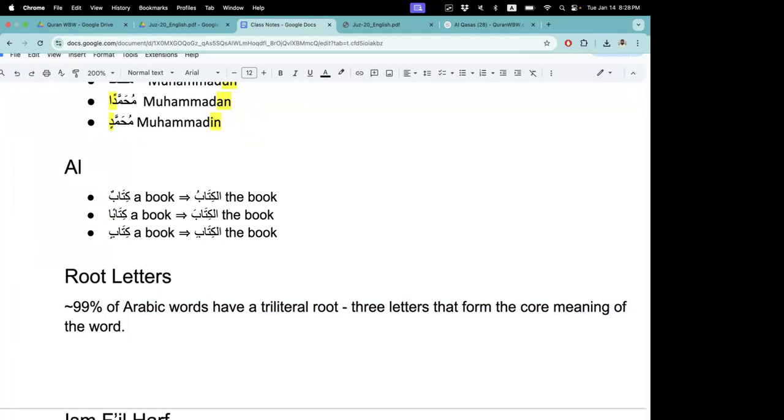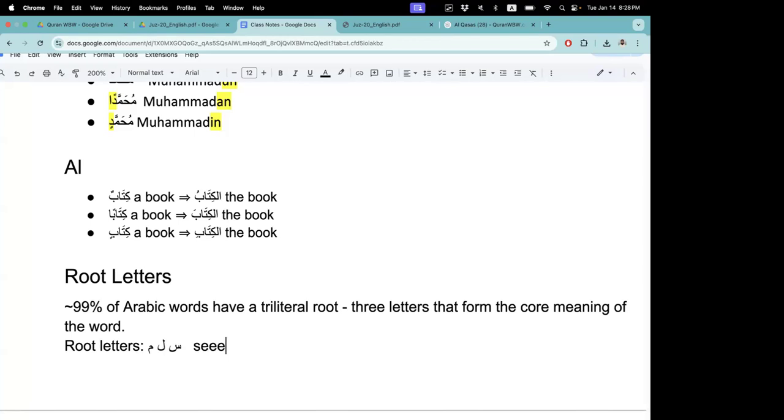Now last time, if you remember, I shared with you the meaning of the word salam, and the different variants of it. We had, for example, the root letters. We will list them in order: sin, lam, mim. If I was writing in English, I would write it as sin, lam, mim.